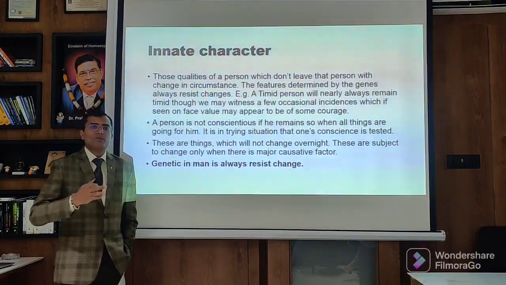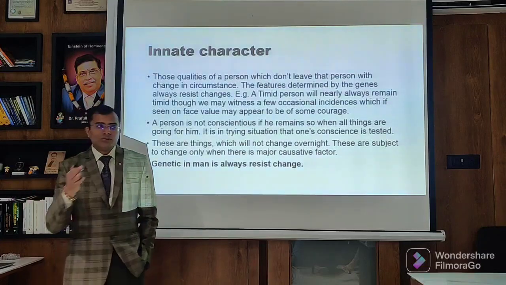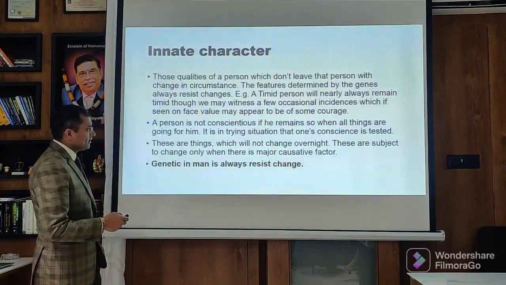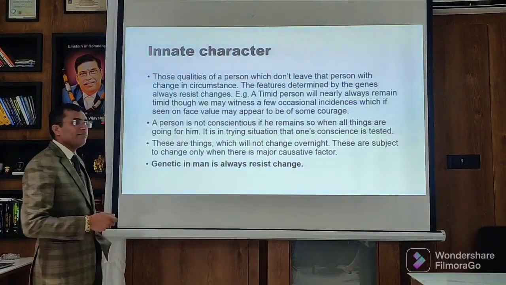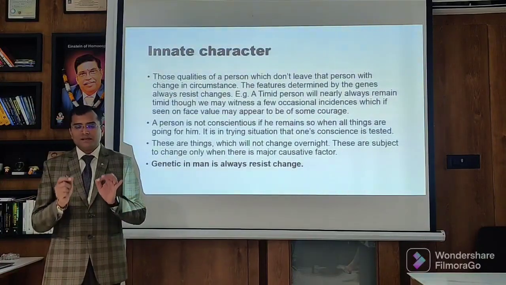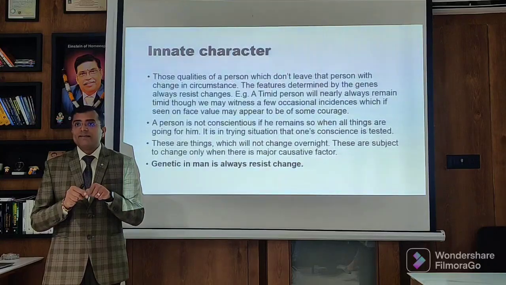Or sometimes courage appears because someone has given support to them. So that is what you have to go through in the history. A person is not conscientious if he remains so only when all things are going for him. Conscientiousness has to be tried and tested when the situation demands it.